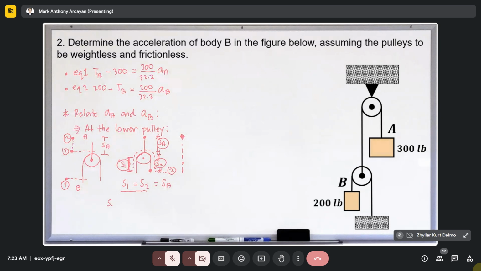Because if we are going to calculate, no, the total displacement of block B, well, from this diagram, that is the sum of S1 and S2. And since S1 and S2 are equal to SA, then we have SA plus SA that is equal to 2SA, which means that for every displacement of block A, the displacement of block B will be twice of that.